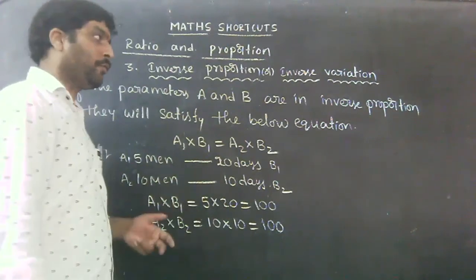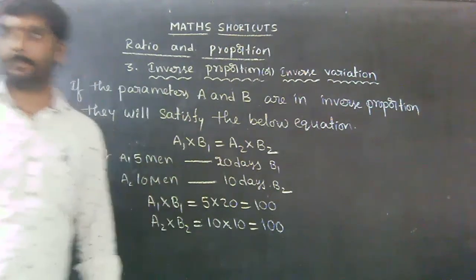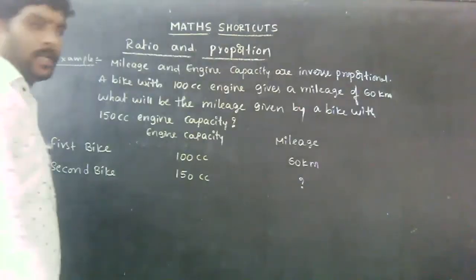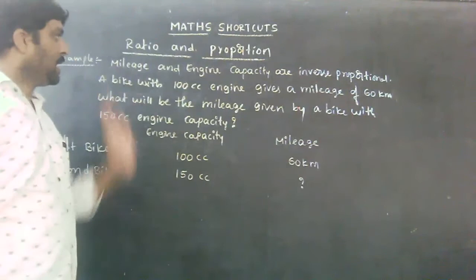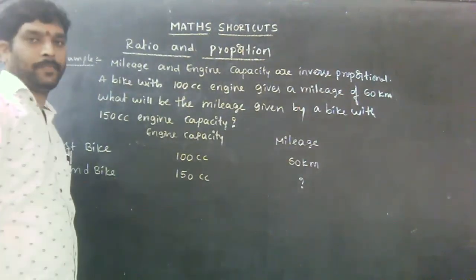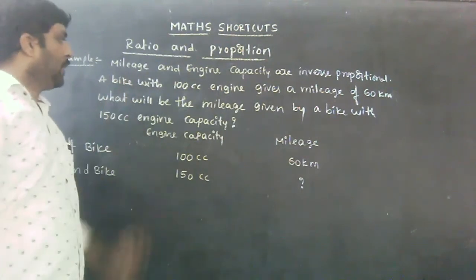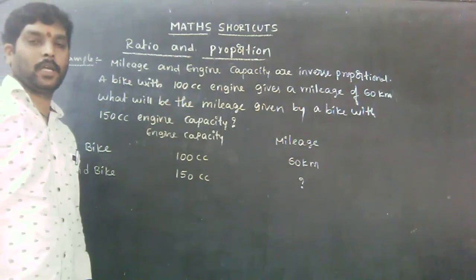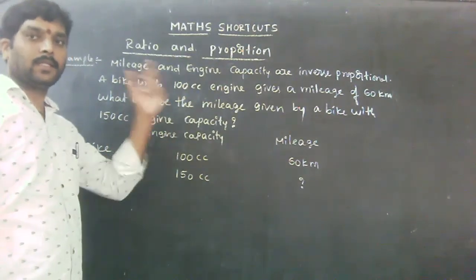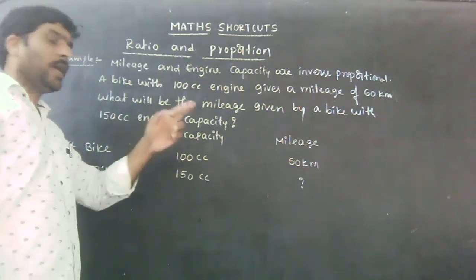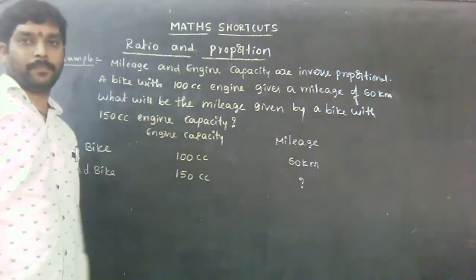Let's see one more example. Mileage and engine capacity are inversely proportional. A bike with 100 cc engine capacity gives a mileage of 60 km. What will be the mileage given by a bike with 150 cc?